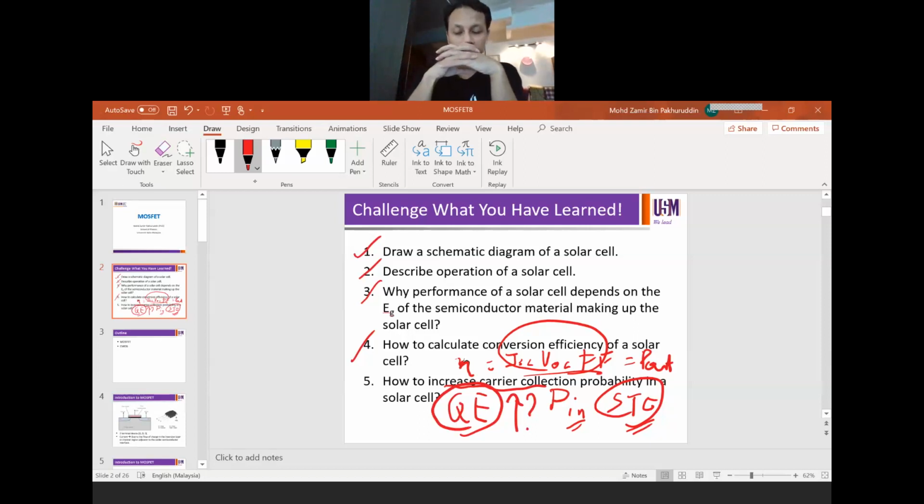There could be so many approaches to increase the quantum efficiency. Anyone? Collection probability. What is collection probability? What do you understand by collection probability?